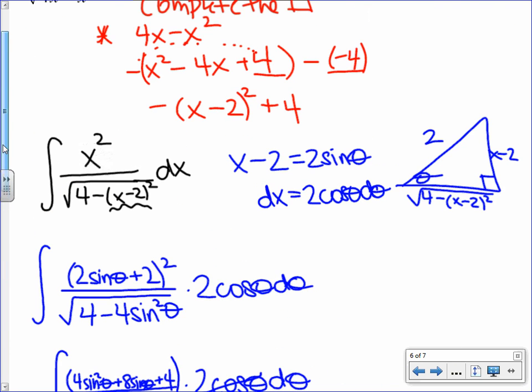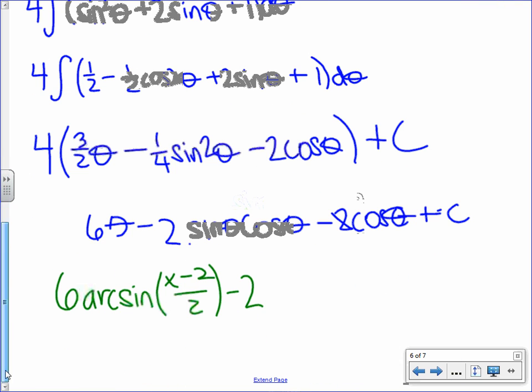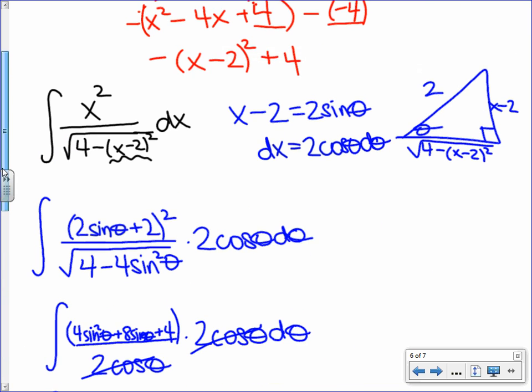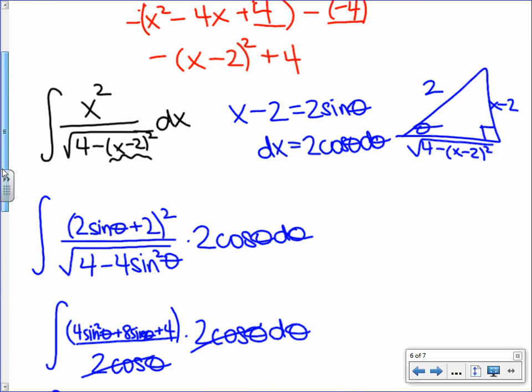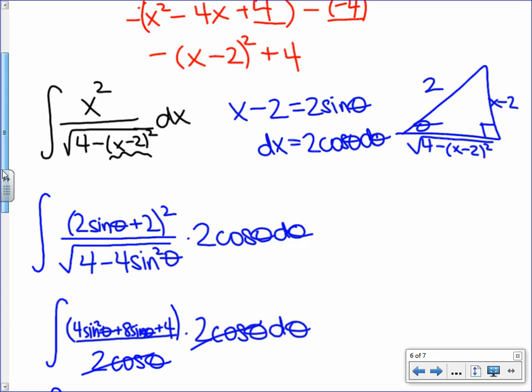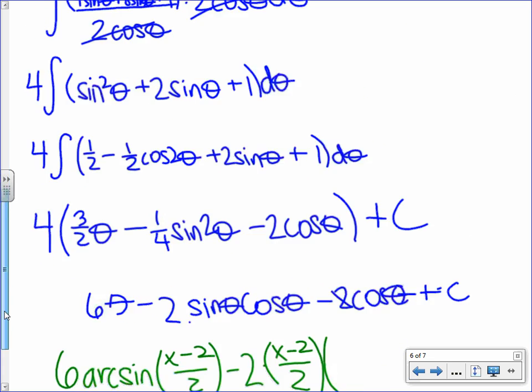What is the sine of theta? What is the cosine of theta? That square root thingy over 2.